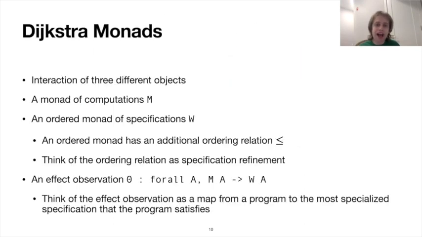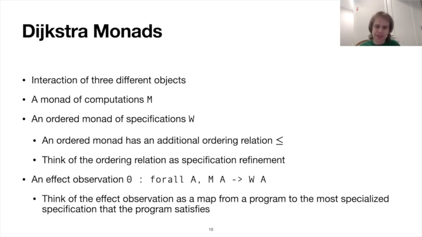So now that we've got this computation in monadic form, we can talk about Dijkstra monads. Now, a Dijkstra monad comes about from the interaction of three different objects. First, a monad of computations M, then an ordered monad of specifications W, where an ordered monad is a monad with an additional ordering relation less than or equal to.